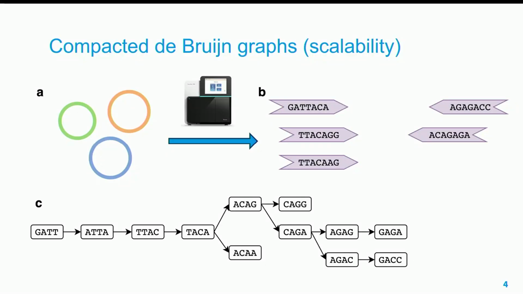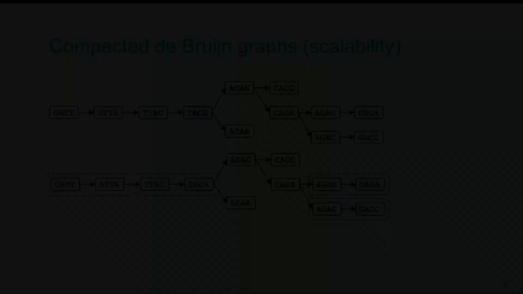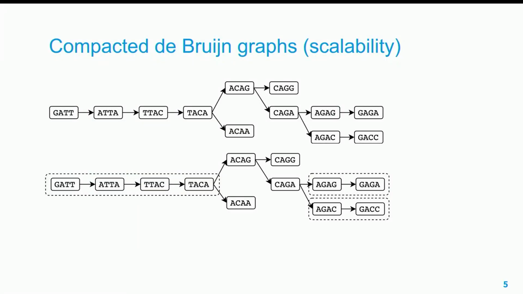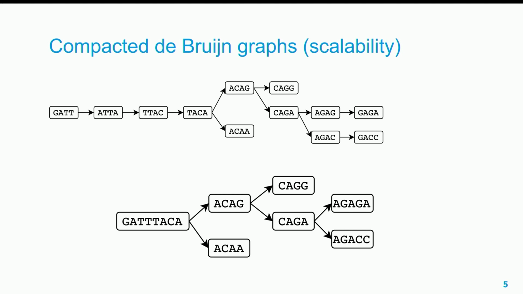So this is where de Bruijn graphs come in. Again, I will not really go into details of what exactly de Bruijn graphs are, but the way you can think about them is you have some string information, and you're trying to compact it and represent it as compactly as possible without losing any information you need for downstream analysis.